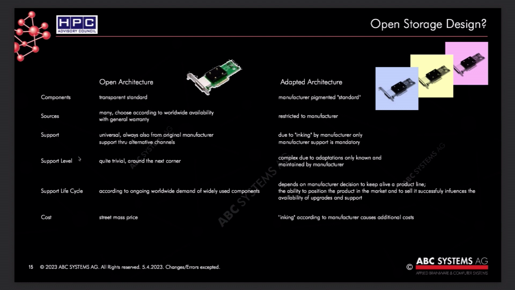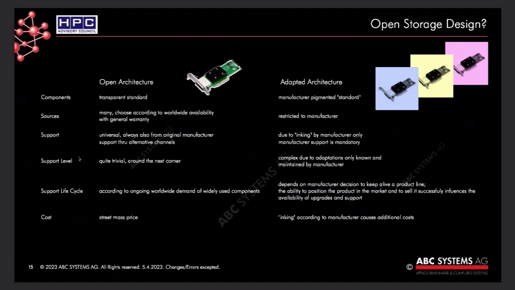You can buy it at every corner. While the manufacturers we have seen, they take the same chipset, maybe even the same adapter, but then you see suddenly a manual with 40 flavors of HBAs, all with the same LSI chip. And then you say, but why is the difference?